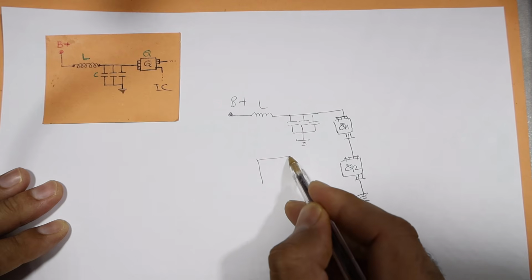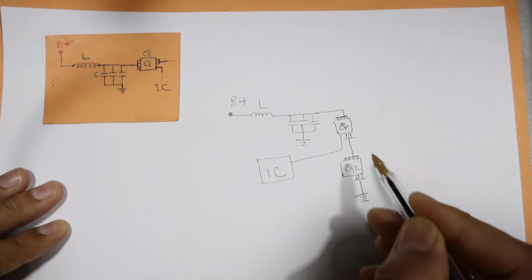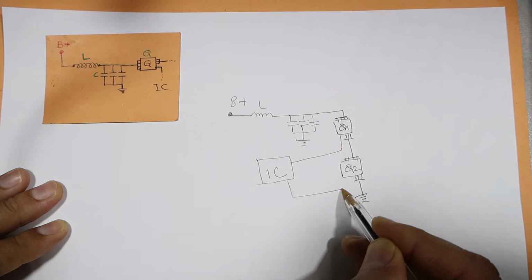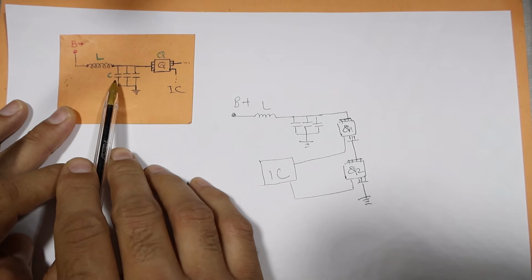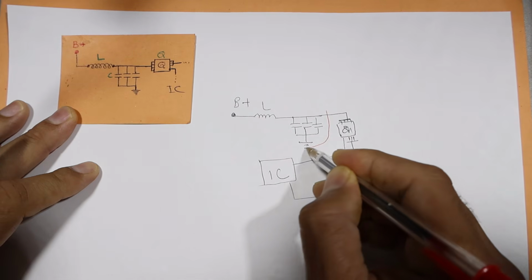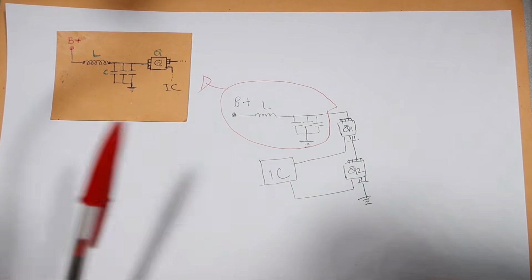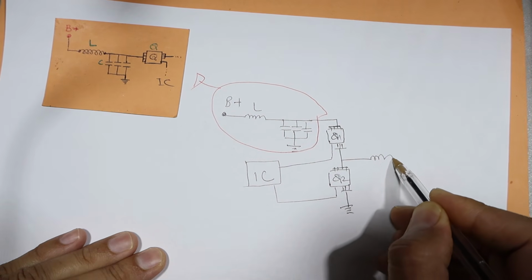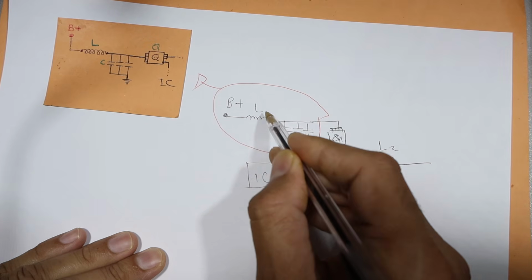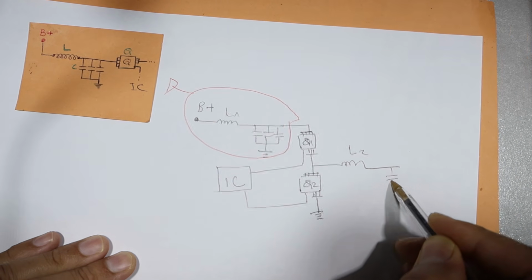Here basically we have a control IC that controls this MOSFET and also controls this MOSFET. Basically our schematic here is this one here. Okay, so this is our schematic, but this is the entire schematic. After that we have another coil L2, here we have L1, and here of course other ceramic capacitors.